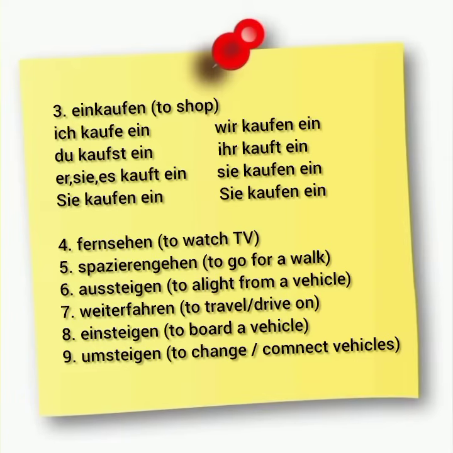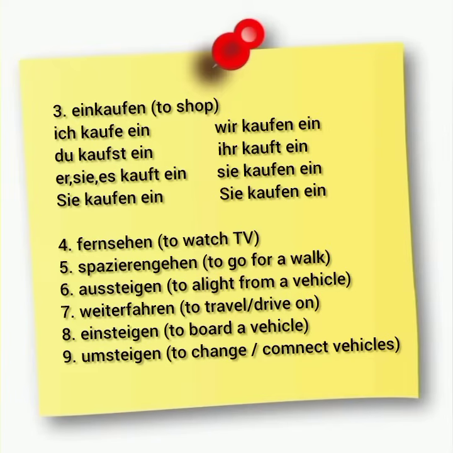Like in this example, to travel or drive on, the prefix is weiter, and then the verb fahren. Weiterfahren. Maybe you want to say, we are driving on. Wir fahren weiter. The other one is einsteigen, to board a vehicle. The prefix is ein. And then I have umsteigen, to change or connect vehicles.